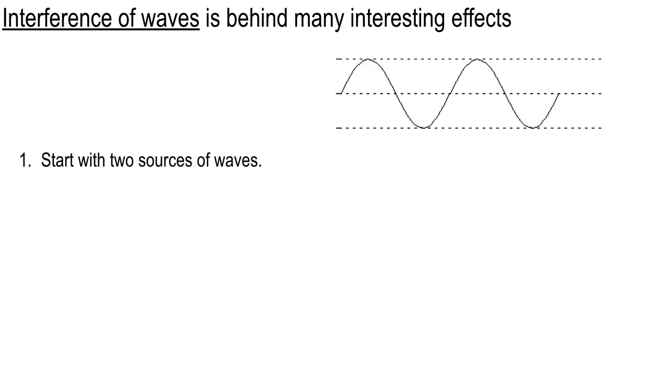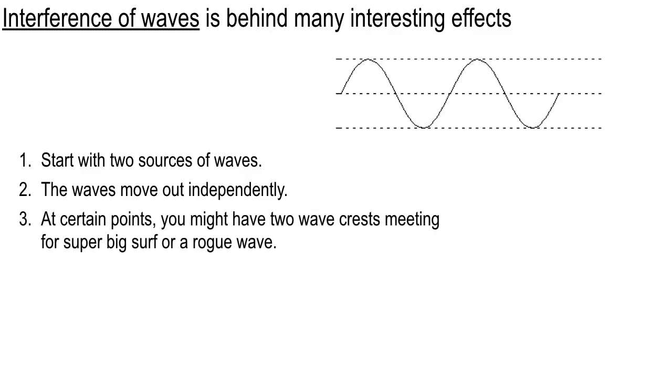Let's start with two sources of waves. And let's say that the waves move out independently. At certain points, as I've mentioned before, you might have two wave crests meeting for a super big surf or a rogue wave if it's out in the middle of the ocean. And it could swamp a big freighter or a tanker if the wave's the right size, the right place, the right speed, and everything like that.